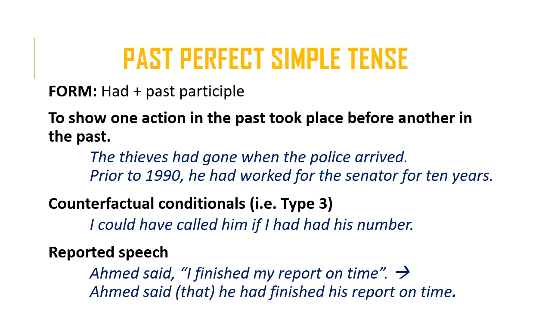And then if you were to report what Ahmed said, so you're reporting to someone what Ahmed had previously said, you would then take the past simple verb that Ahmed originally used in his utterance, and you would do what's called backshift, and you would change the tense from the past simple to the past perfect. So you would say Ahmed said that he had finished his report on time.